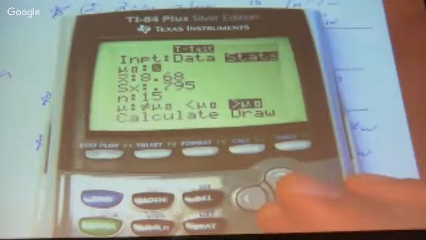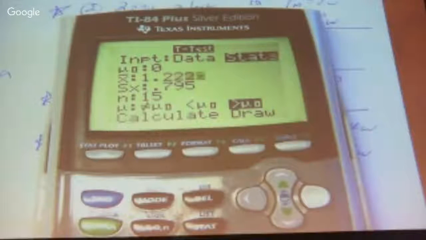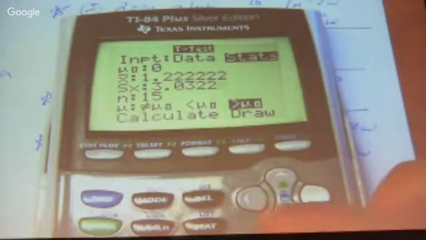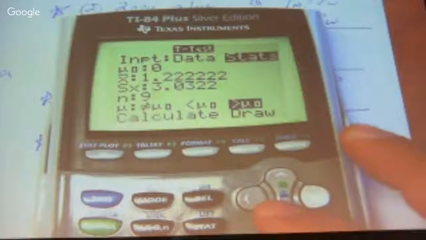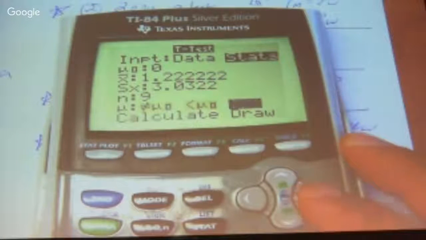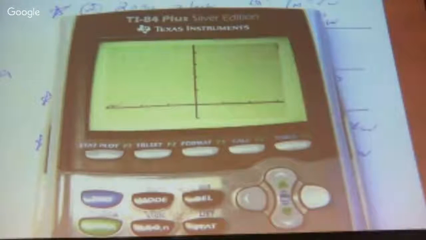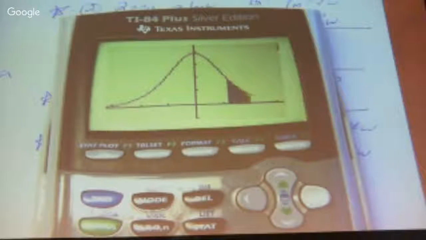So mu is 0, x bar is 1.22222, standard deviation is 3.0322, and n is 9. This one is greater than. So draw, and the calculator does it for you. You get the same t, and you get your p-value, 0.13.